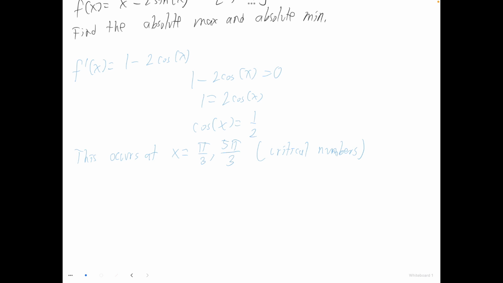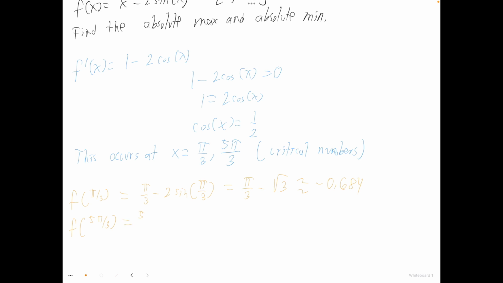Now that we have our critical numbers, we want to plug those into our function. So we want f of pi thirds and f of 5 pi thirds. At pi thirds, we have pi over 3 minus 2 sine of pi over 3, and this equals pi thirds minus the square root of 3, which is approximately negative 0.684.